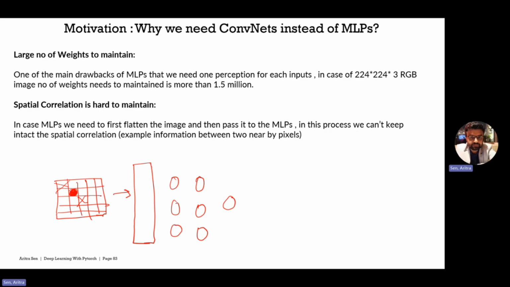That's why we use the concept of convolutional neural network, which solves the problem by using a concept called parameter sharing, which in turn results in fewer parameters to train your neural network, right?